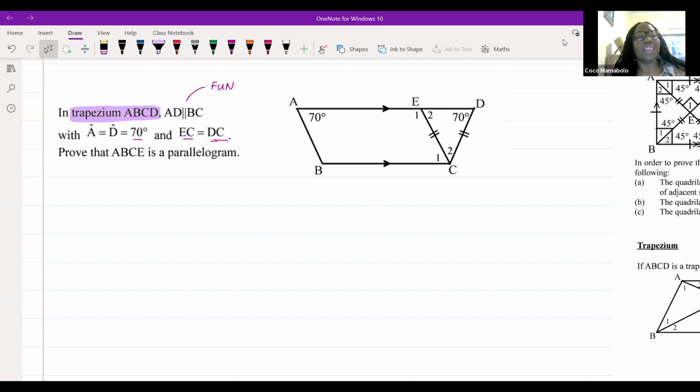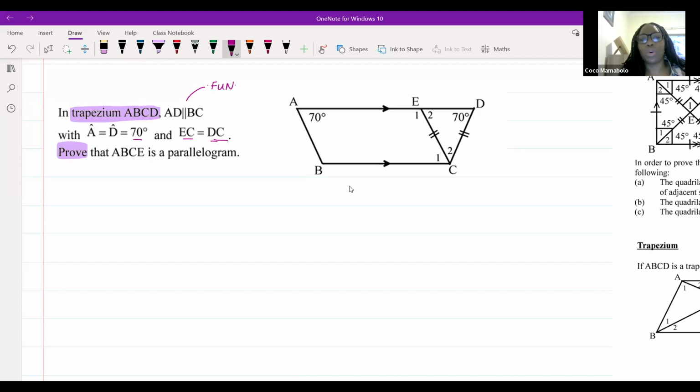So yes, we know that EC is equal to DC. So we want to prove that ABCE is a parallelogram. So we need to remember that this time we don't have the properties of a parallelogram. We are trying to prove that this is a parallelogram.